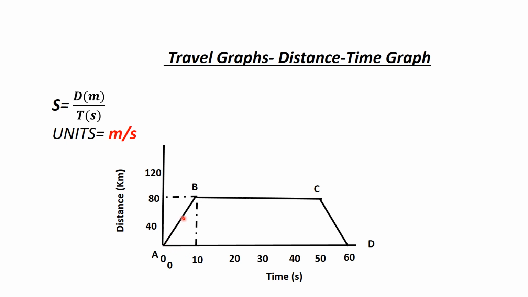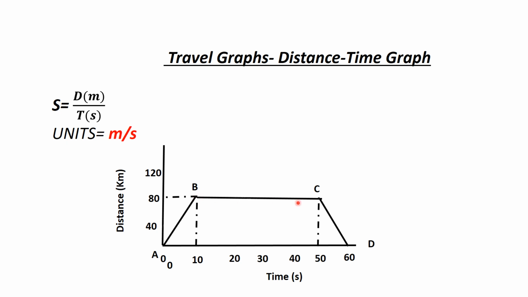So this part represents increasing distance with time. Increasing distance with time, or change in distance with time, is what we call speed. So here there is speed. If it is drawn like this, it means the speed is uniform.